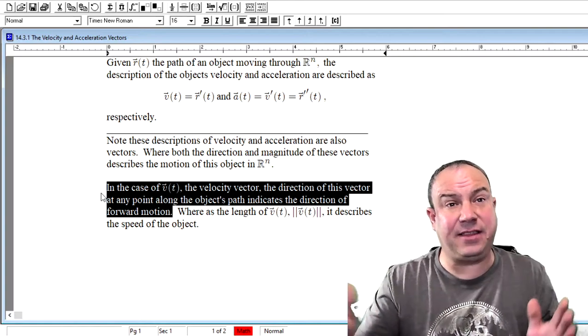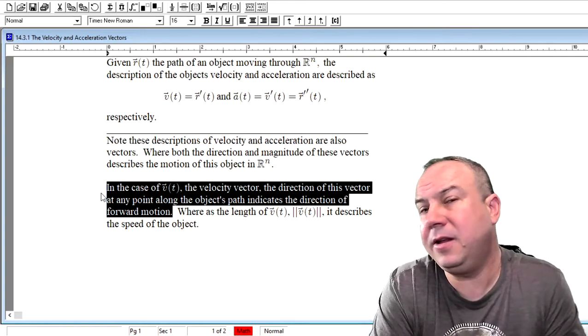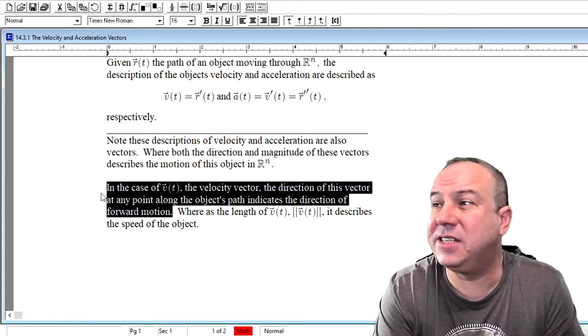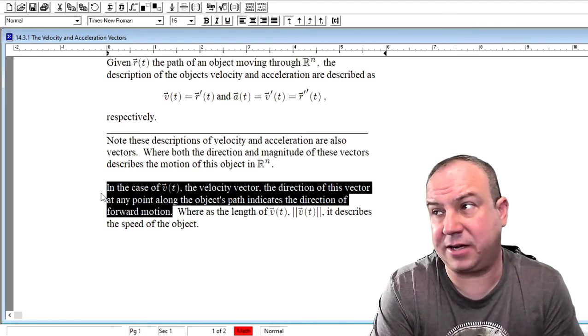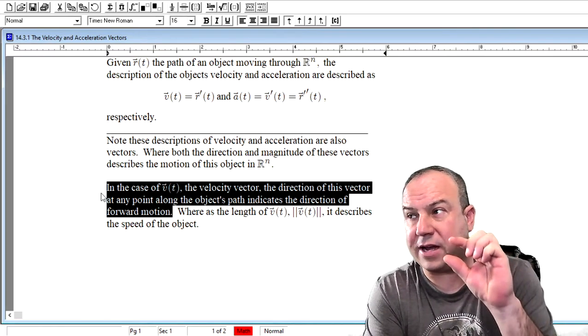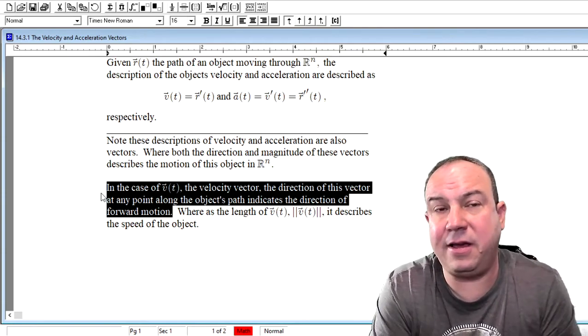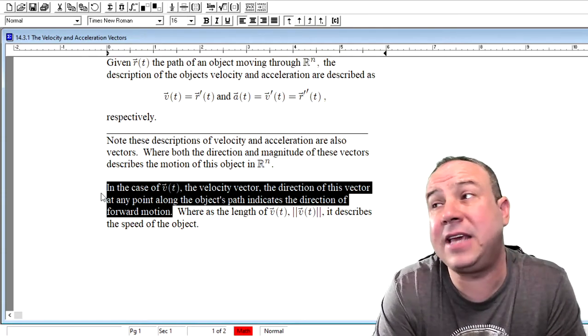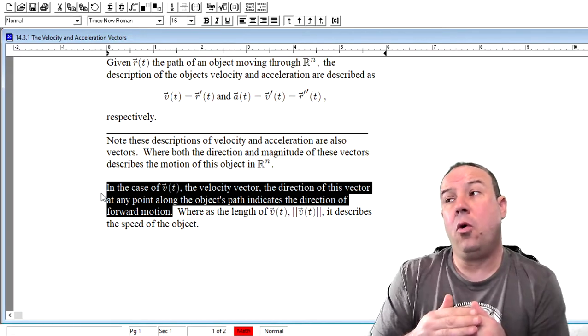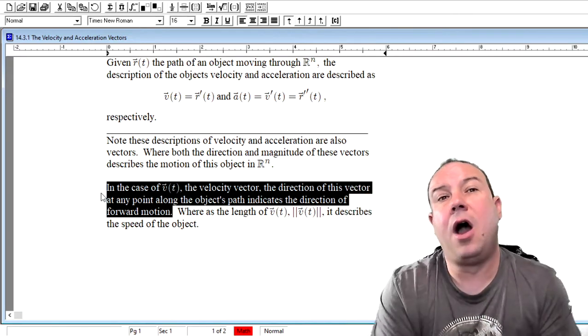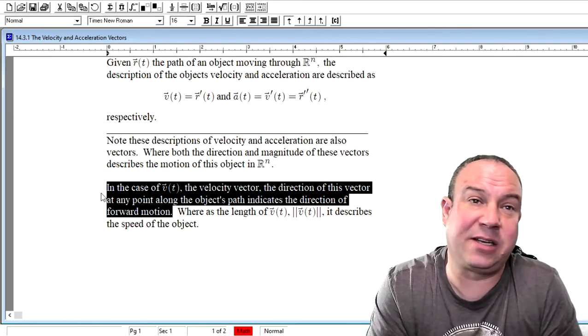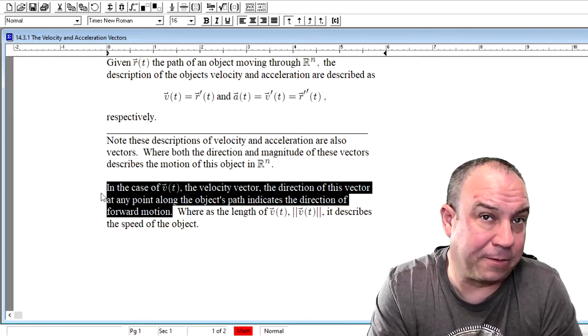Whereas the length of that vector describes the speed of the object, right? Shorter vectors indicate the object is moving slower. A zero vector would indicate the object is stopped, whereas longer vectors are going to indicate the object is moving faster, right?